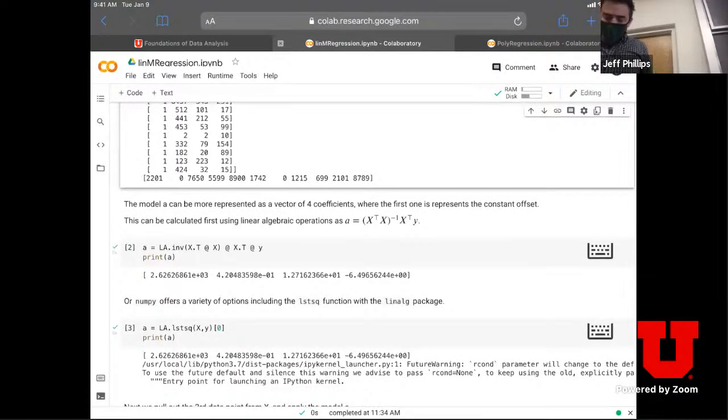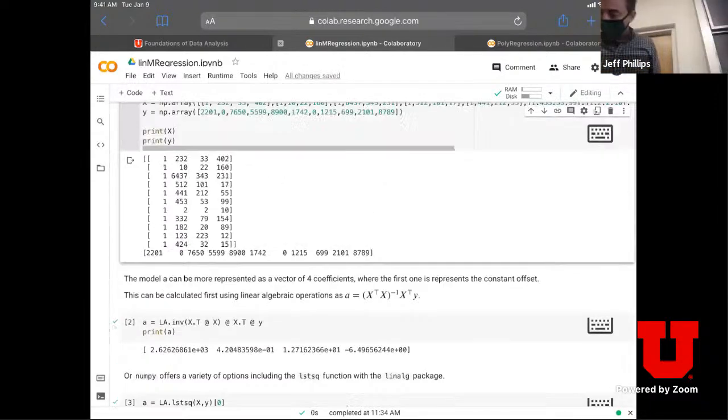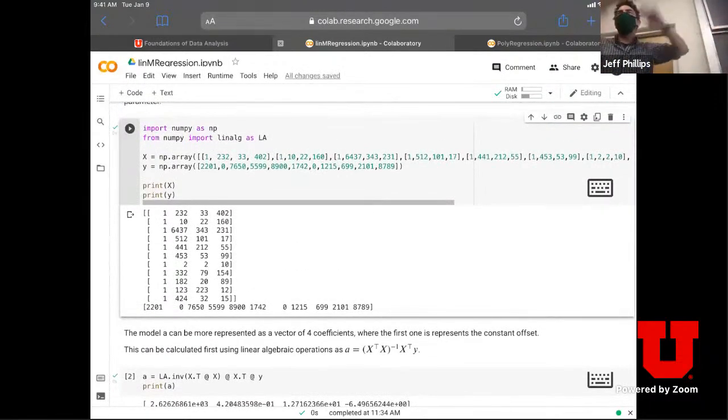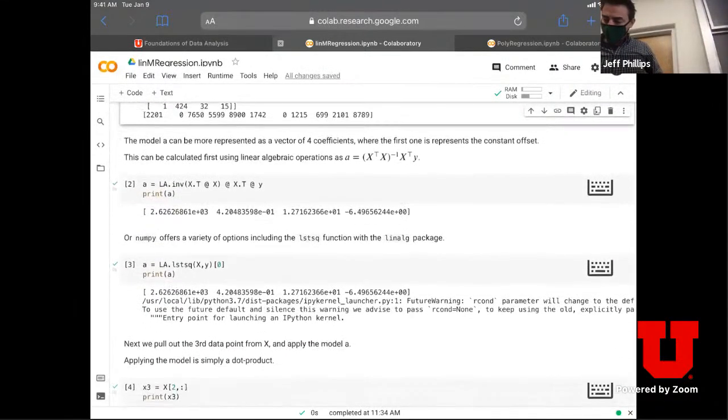And so how do we compute this? We take the inverse of X transpose X. I call this matrix X, and I put the ones in front here. Typically I'll do that so you don't have to worry about how to pre-process it.